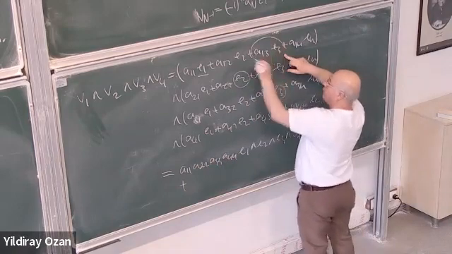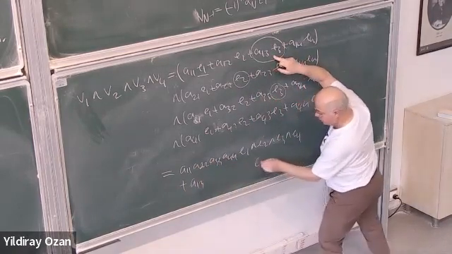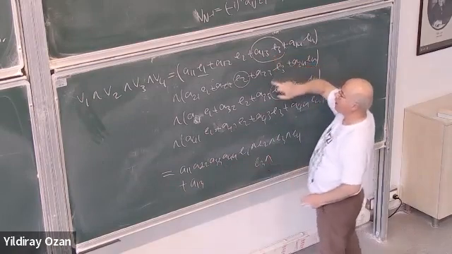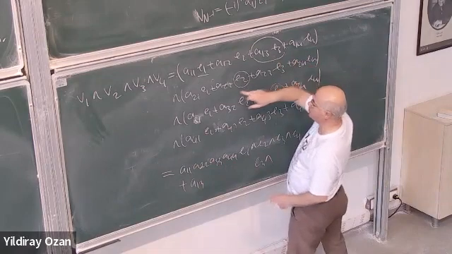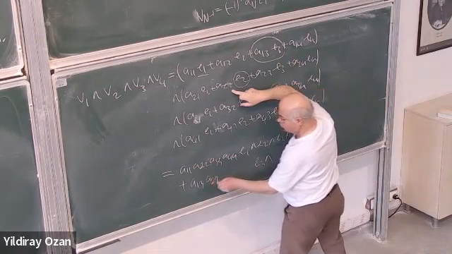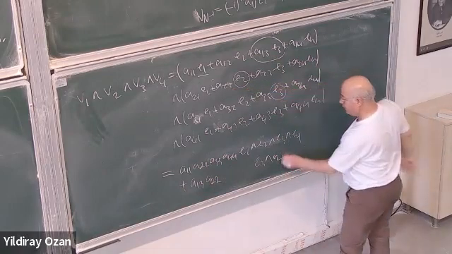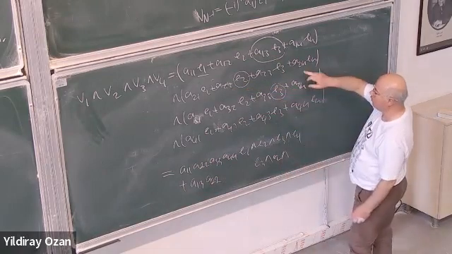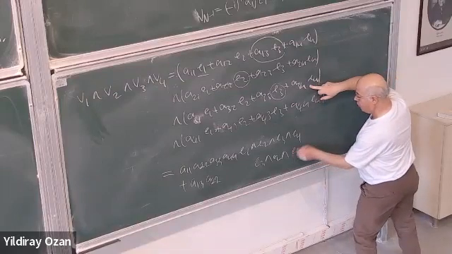Let me choose this one, A13. So I have E3. And then I cannot choose this one because it will give me 0. I can choose this element, A22. So I have E2. And then bunu seçeyim, E4.